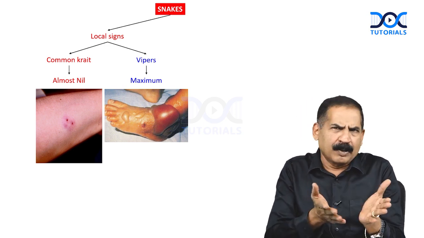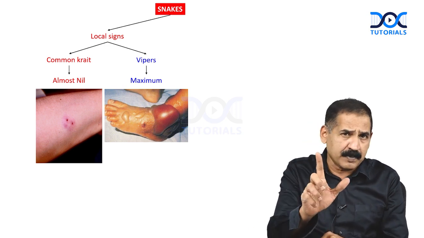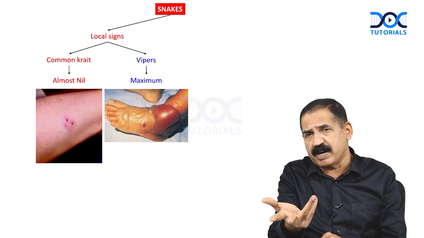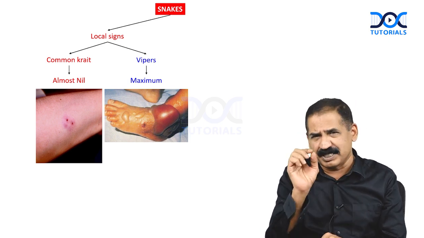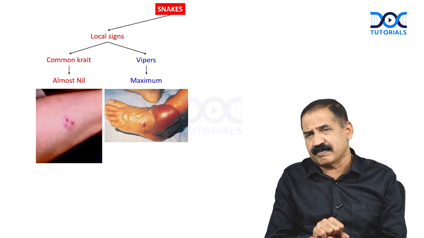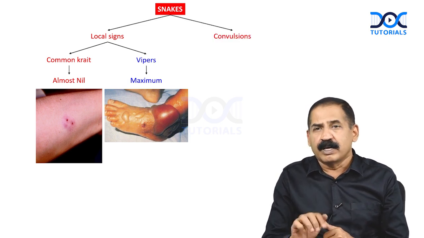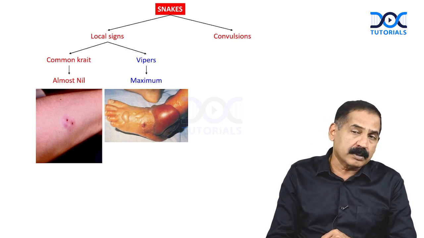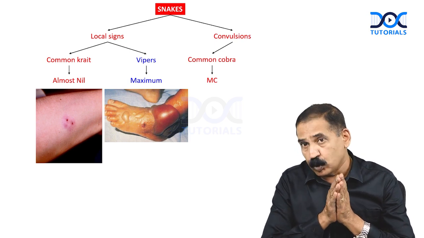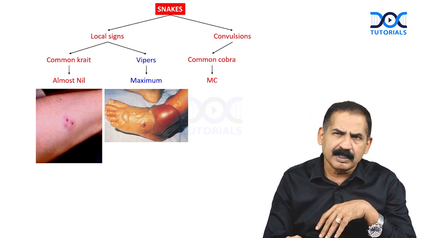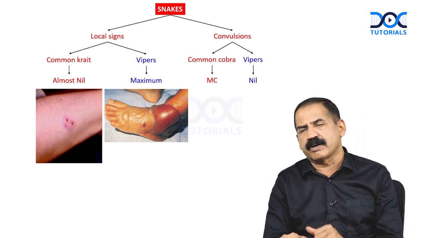Next is common cobra, where we can see the triple response with some fang marks. Vipers are maximum because they are vasculotoxic. Hemolysis takes place, bleeding may take place. Convulsions are maximum in common cobra, and nil in vipers because they are not neurotoxic. Just remember.